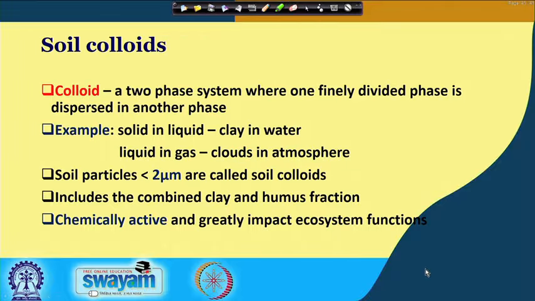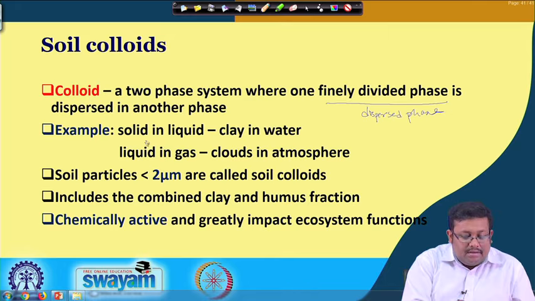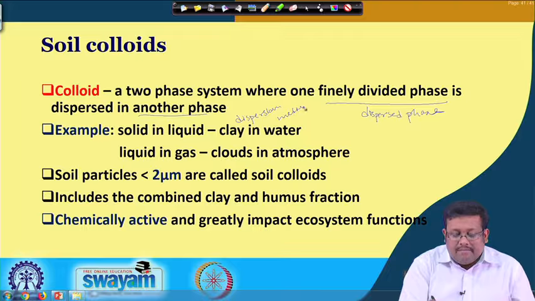I hope that you know that a colloid is a two-phase system where one finely divided phase is dispersed in another phase. The finely divided phase is called the dispersed phase, and the other medium is called the dispersion medium.